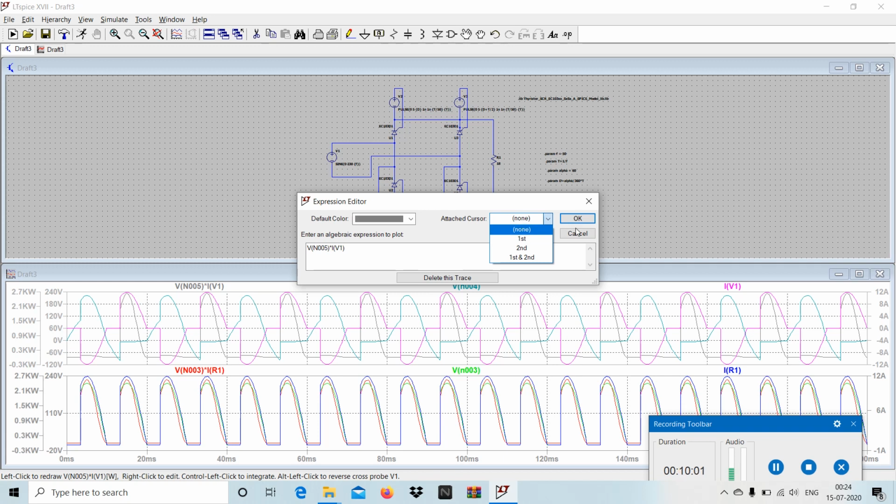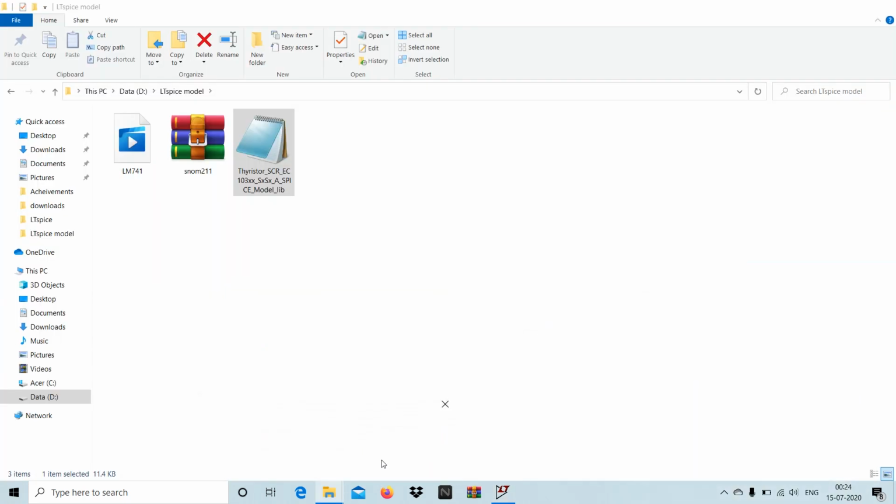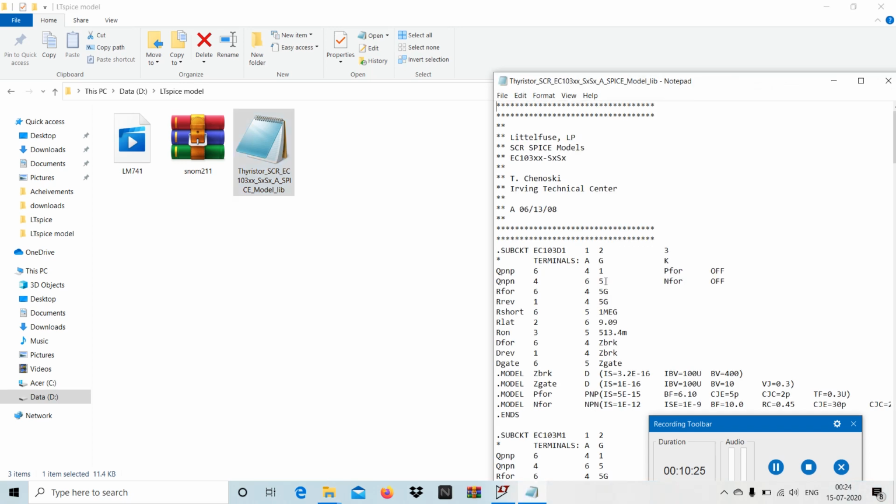One more thing is that this is based on this thyristor model over here. That shows what losses are appearing across the thyristor. This is not exactly a practical parameter. As per this model, they have already given the description over here. We are using this 103D1.